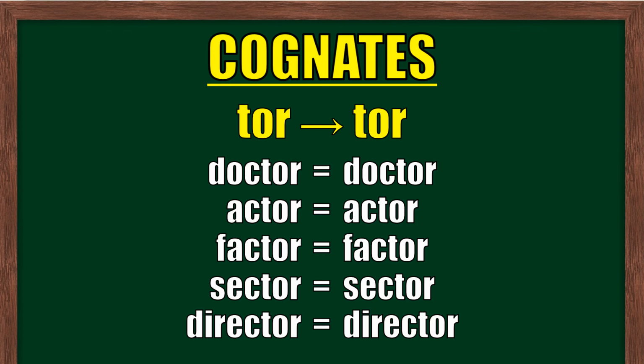These words have the accent on the last syllable because R is a consonant and it's not S or N, and so we put the accent on the last syllable. Doctor, actor, factor, sector, director.